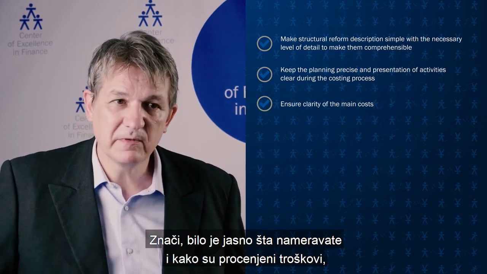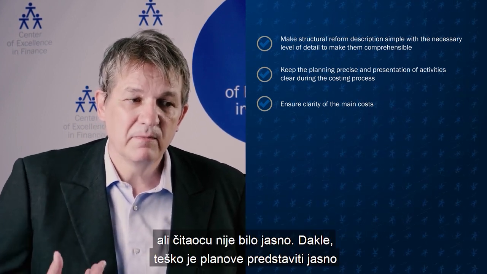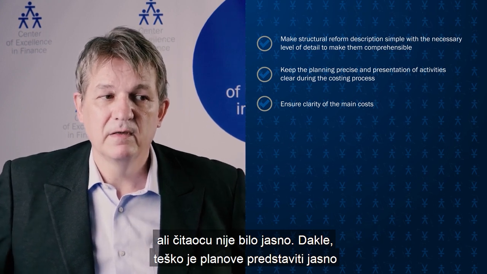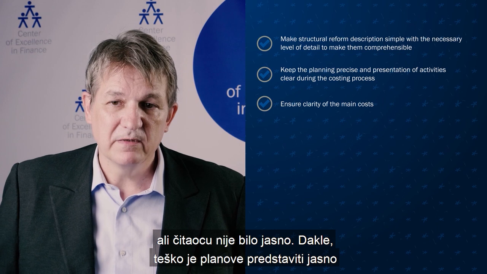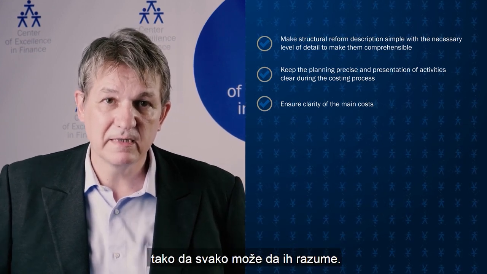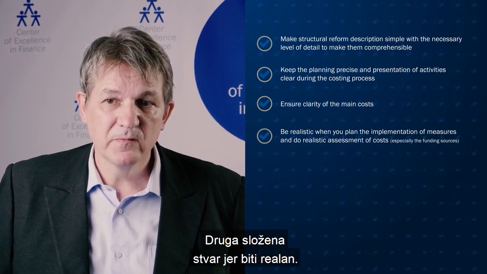So there was clarity about what you want and how you came to the cost estimates, but it wasn't clear to the reader. So this is one difficult part, to be really clear in your plans so that everyone can understand them. The second difficult thing is to be realistic.